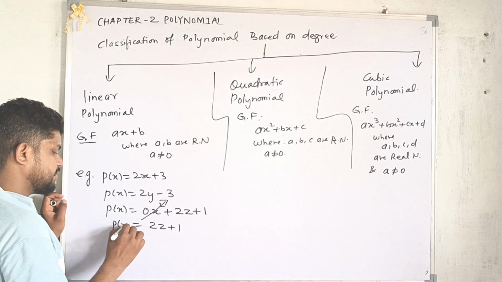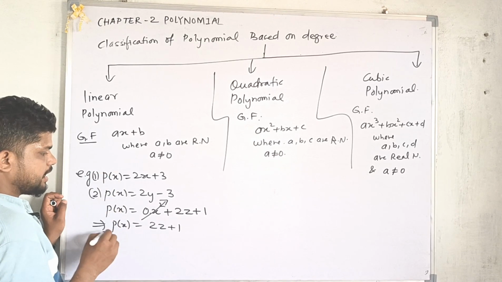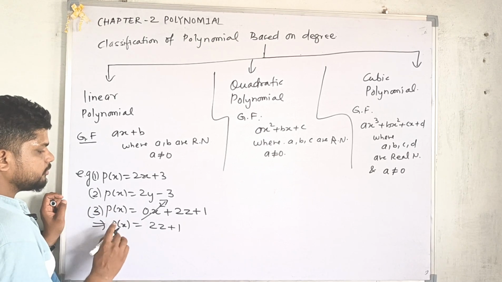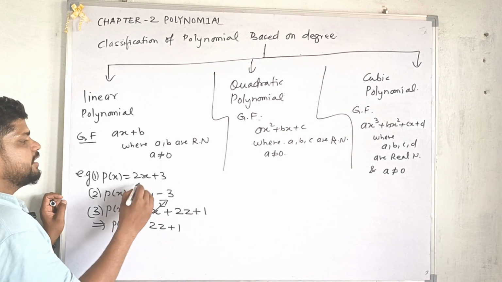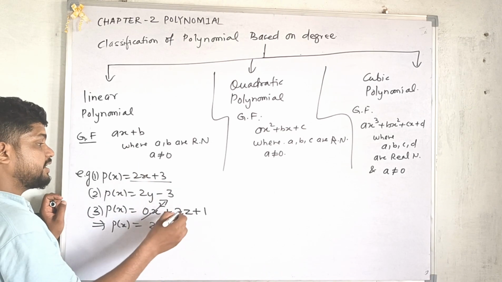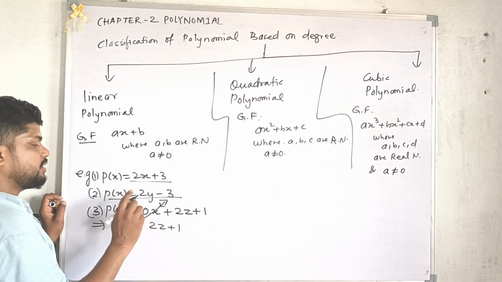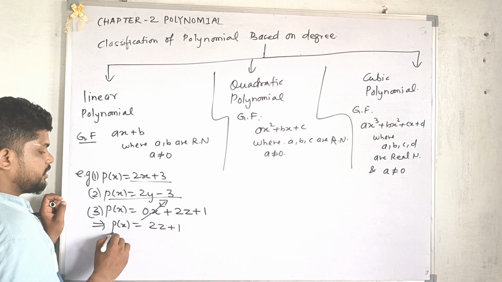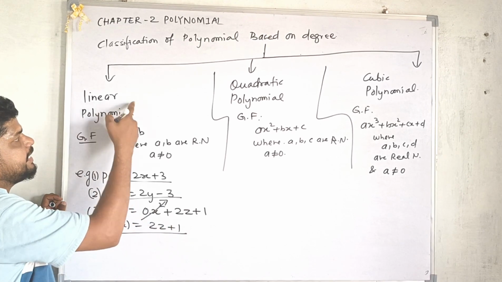So 2z plus 1 is an example of a linear polynomial, because the highest degree of the variable in each of these is 1, so it is linear.